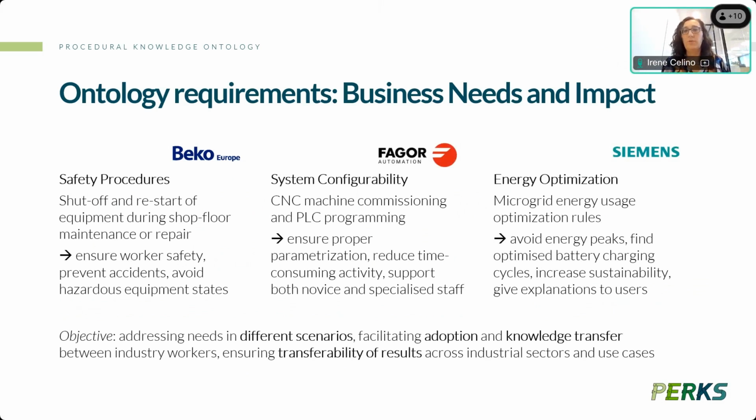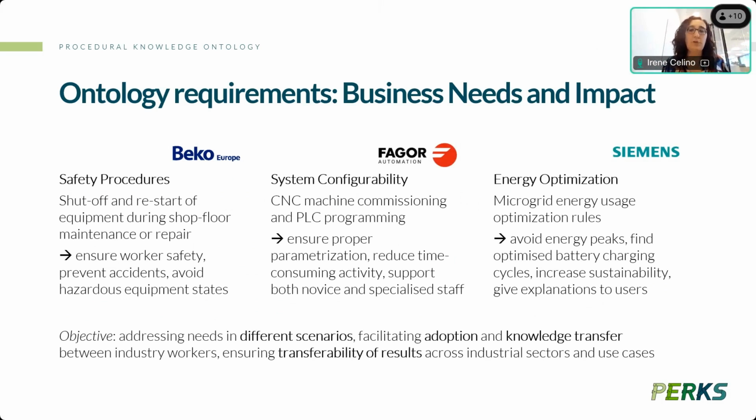So in the project, we have three industrial companies. You may have heard of them, which provide us very different cases of procedures. In one case are safety procedures, in another case are the procedures for commissioning of a new machine, in the third case the procedure to manage and optimize microgrid usage.